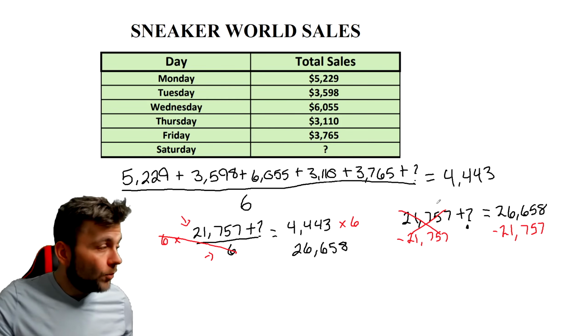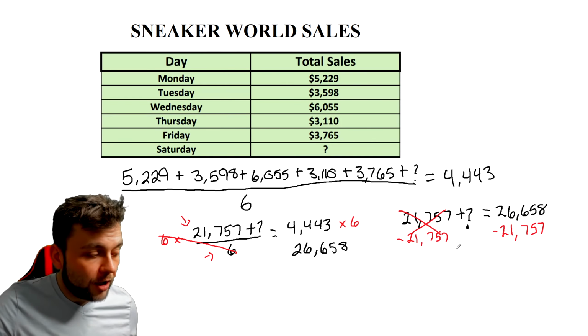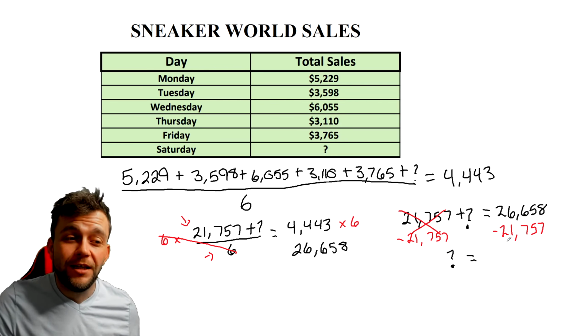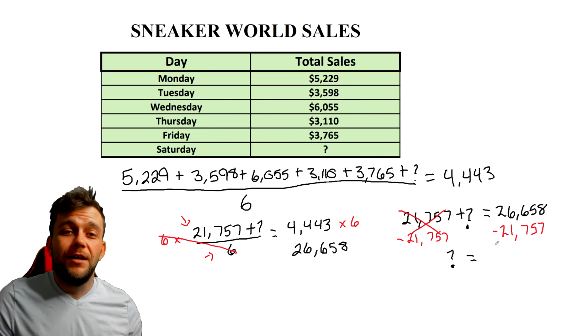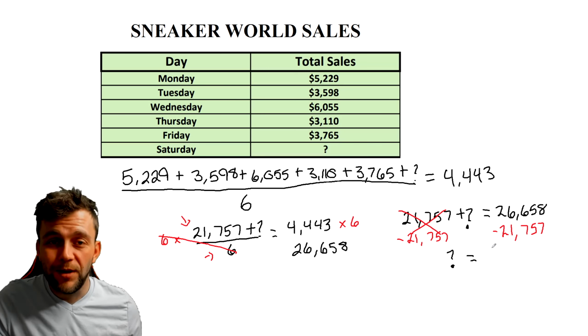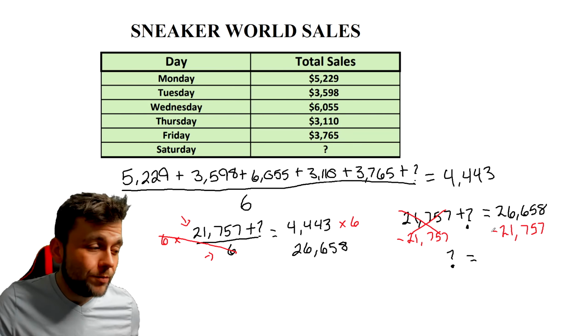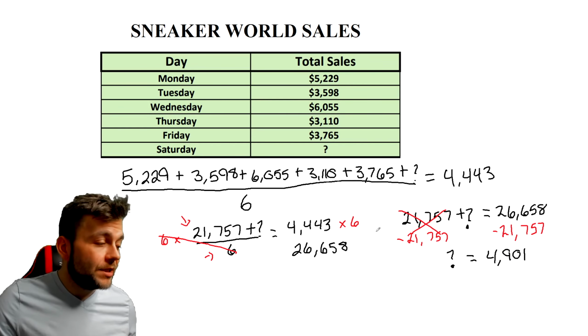And what we are left with, we have our question mark is equal to 26,658 minus 21,757. Pause the video, give yourself a couple of seconds to work it out, and your answer should be 4,901. That is the missing value.